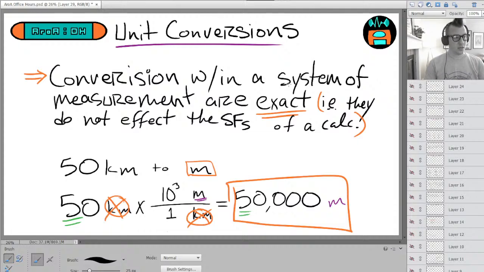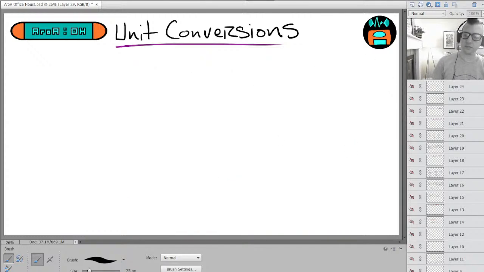So let's go ahead and do a few more unit conversion problems. We'll stay within the metric system. Let's convert 5.5.